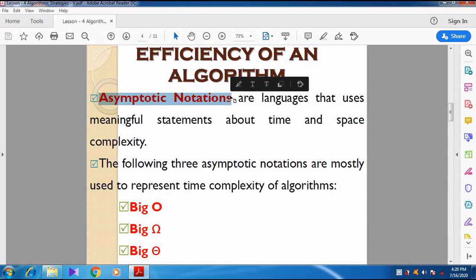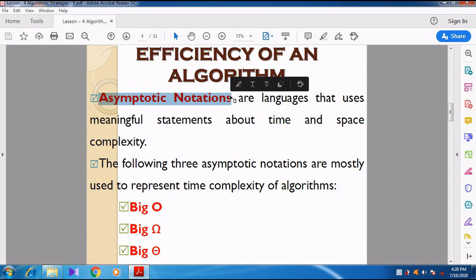It is a technique where we find out how efficient the algorithm is. It does not depend on the machine, any specific constant, or how the algorithms are implemented.